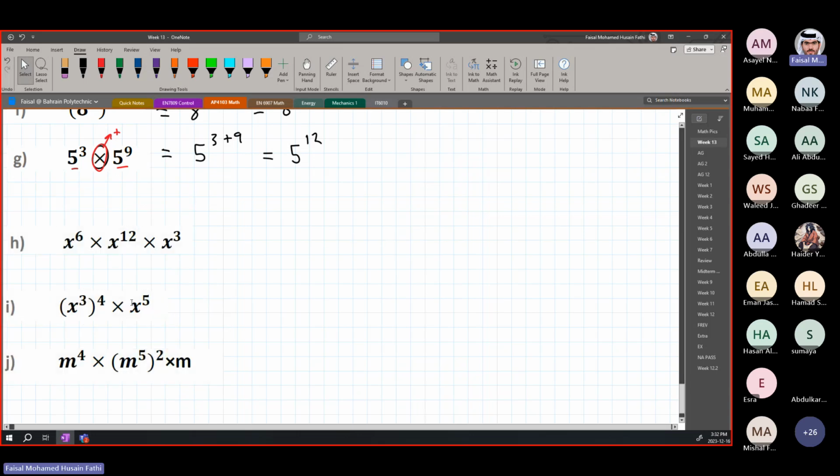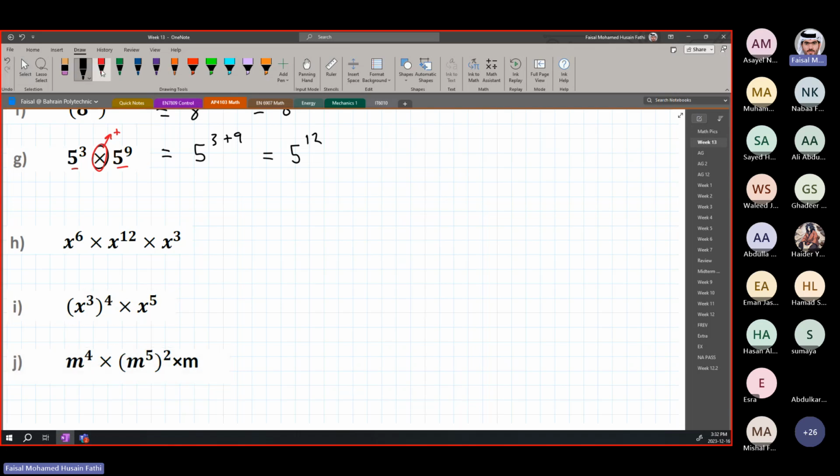Now here we have three exponential components. All of them have the same base x. Don't confuse yourself. Start by solving the first one, and then do the second one. You could also solve it all directly if you feel comfortable. So x to the power of 6, and because this is multiplication, this is going to be plus.